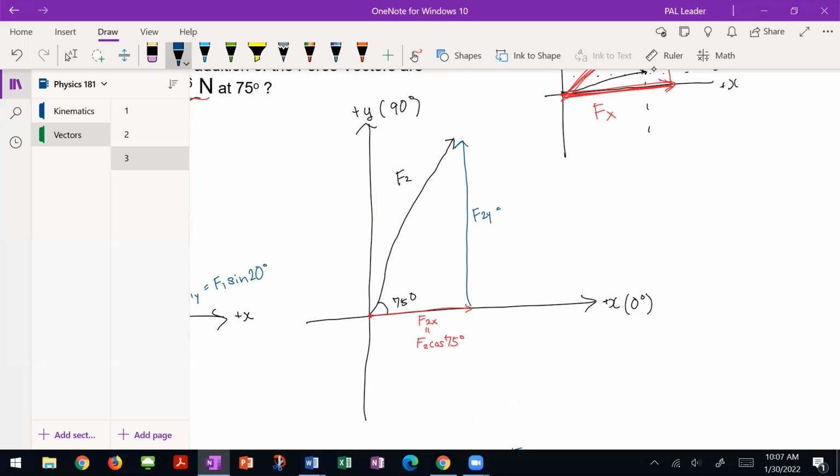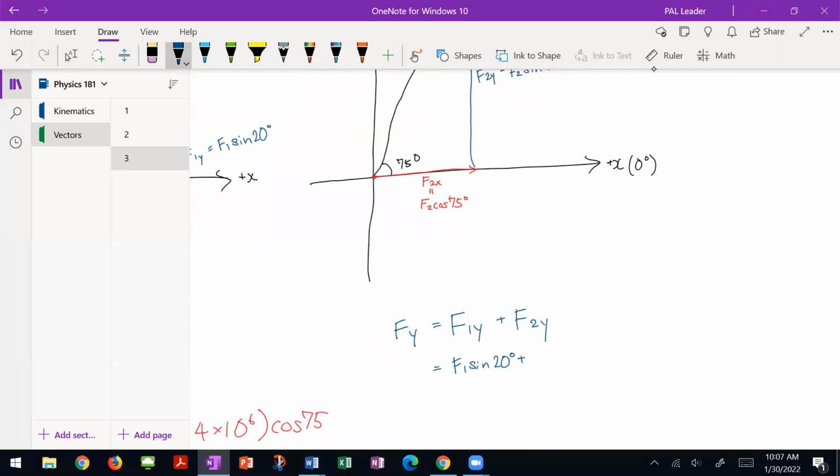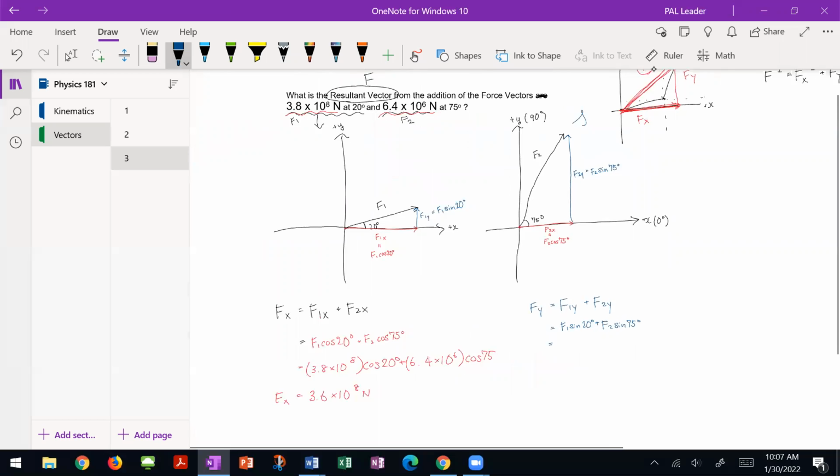So we have our angle right here. We have our hypotenuse in here. That looks like cursive S, right? So I know it's going to be F2 sine 75 degrees.